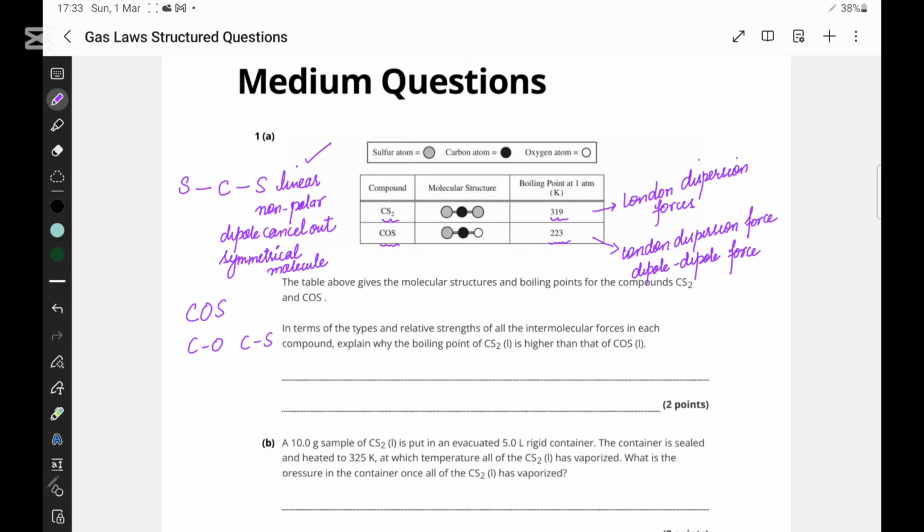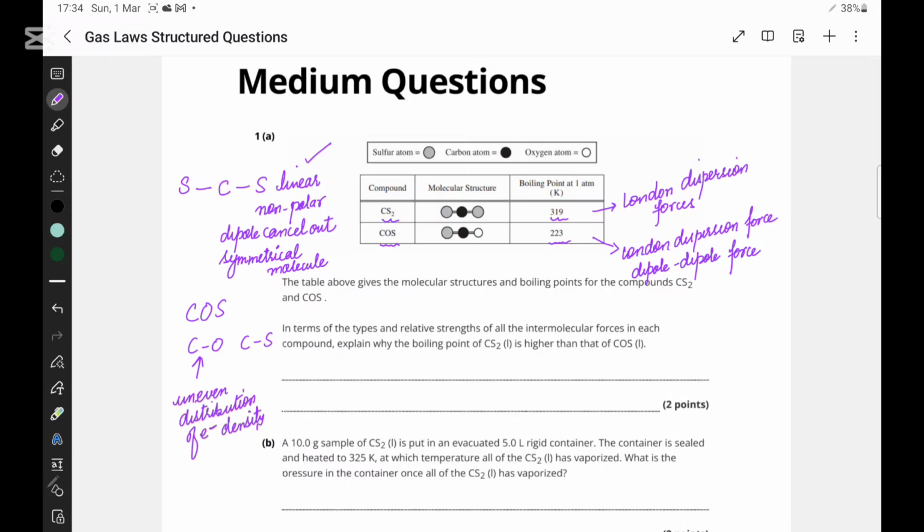Oxygen is more electronegative, which makes one side have an uneven distribution of electron density, and because of that it is going to have two forces. One is London dispersion force and the other one is dipole force.